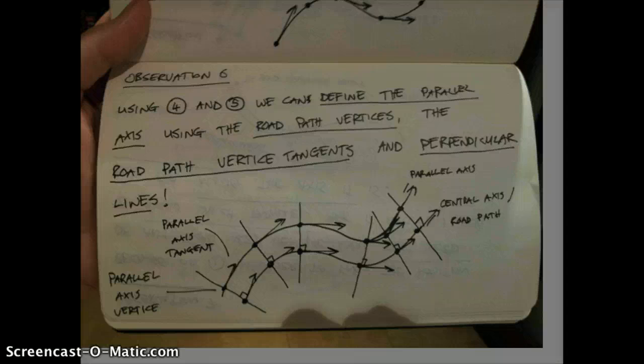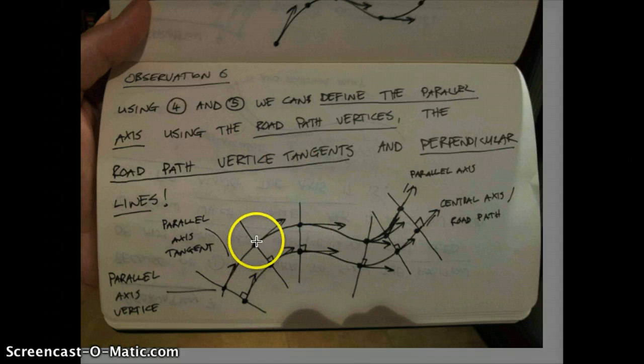Okay, using 4 and 5, 4 is, we can define the parallel axis using the road path vertices and the road path vertex tangents perpendicular. So now what I'm saying is that we have the central axis here, and we have these points on the central axis, and we have this fact that the tangents are equal through these perpendicular lines.